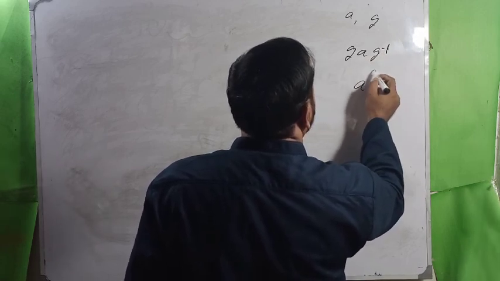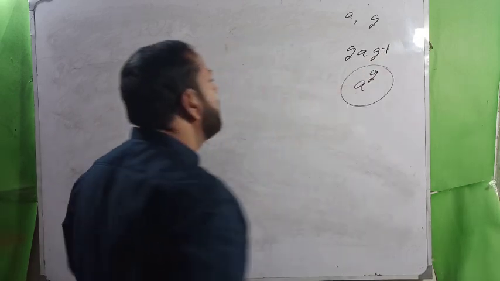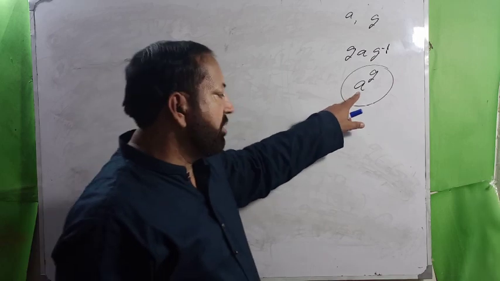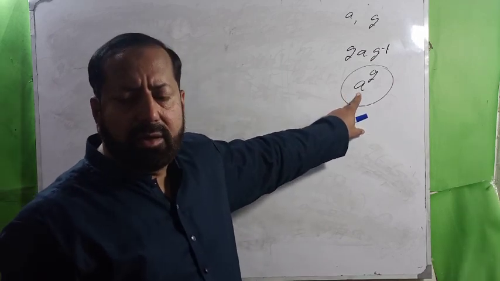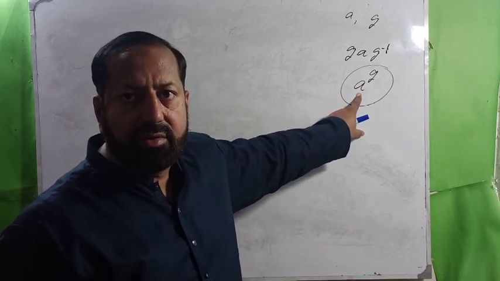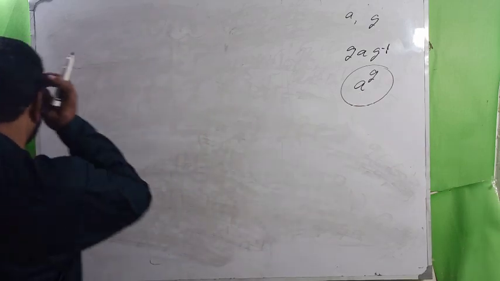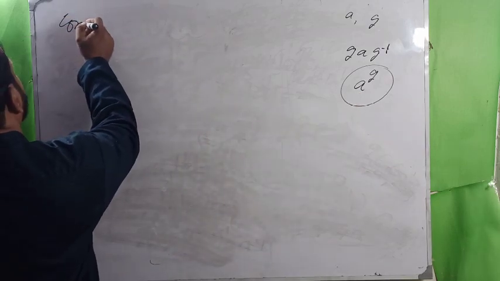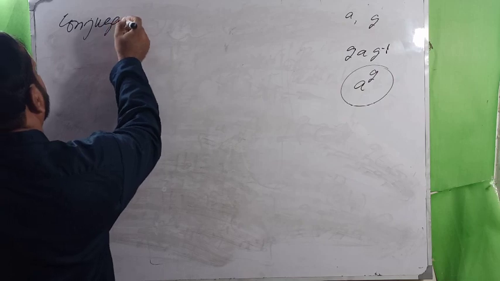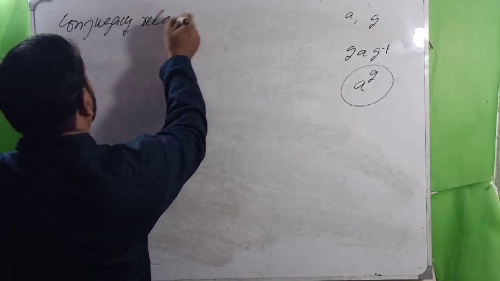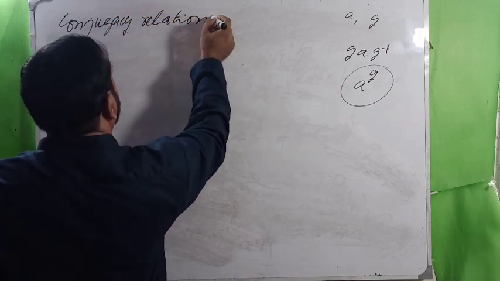This is equal to A^G, like this. So this is a relation, and this is called the conjugacy relation, right? So what do you mean by conjugacy relation?